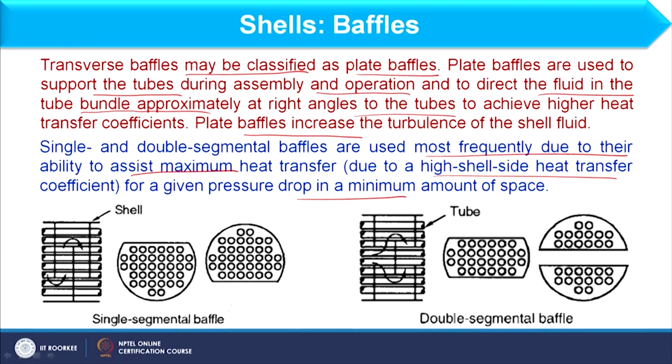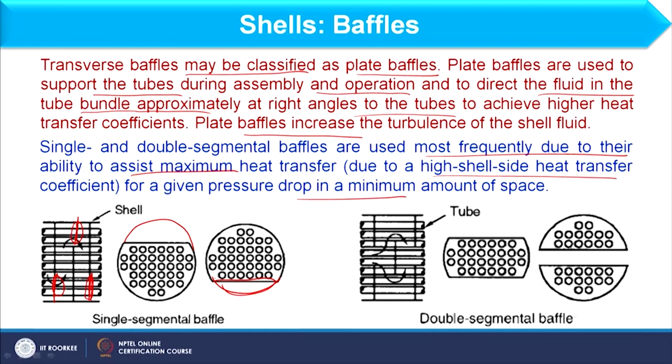So, a single segmental baffle means one which has a cut, okay. If I consider the complete baffle, some section is removed from this, okay. So, you can consider this section as well as this section. The section in the bundle which is available between the baffle tip and the shell, okay, like this, this section we call the window zone, right.